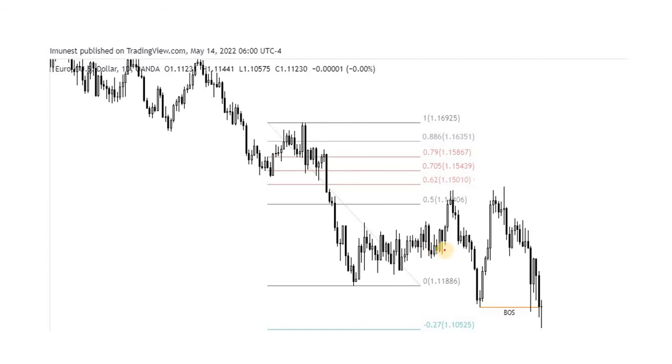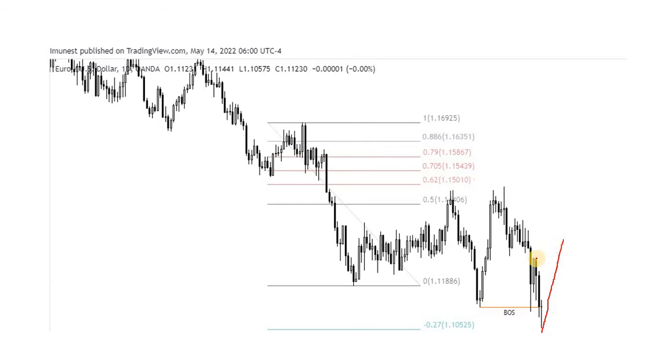This is a downtrend, as you can see. Just to explain that, you can see that price is actually trading above the 0.5, which is the equilibrium of this daily range.